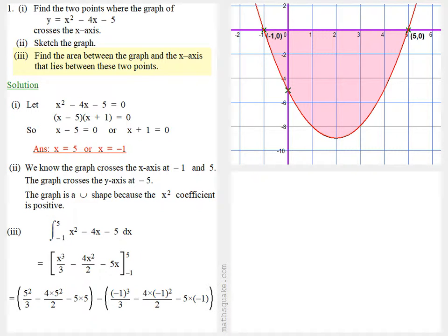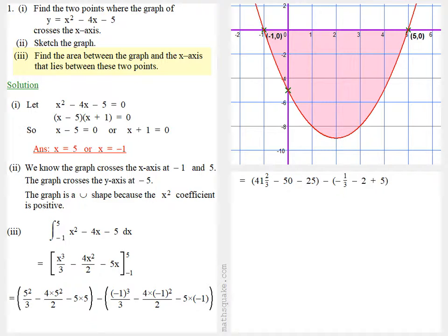So that gives us 5 cubed over 3, minus 4 times 5 squared over 2, minus 5 times 5, take away, in brackets, minus 1 cubed over 3, minus 4 times minus 1 squared over 2, minus 5 times minus 1, which comes out to be 41 2/3 minus 50 minus 25, take away minus 1/3 minus 2 plus 5.